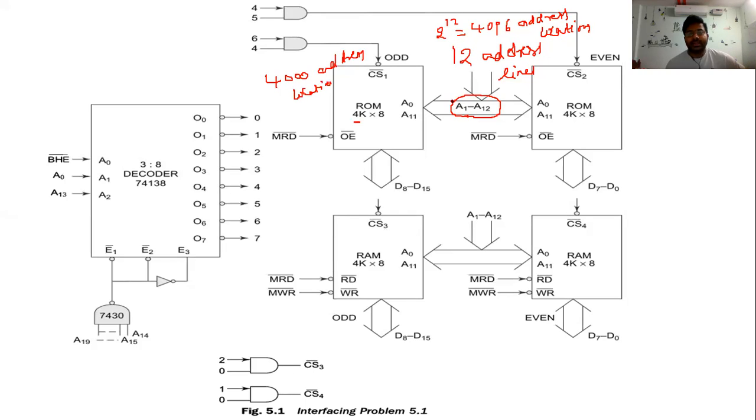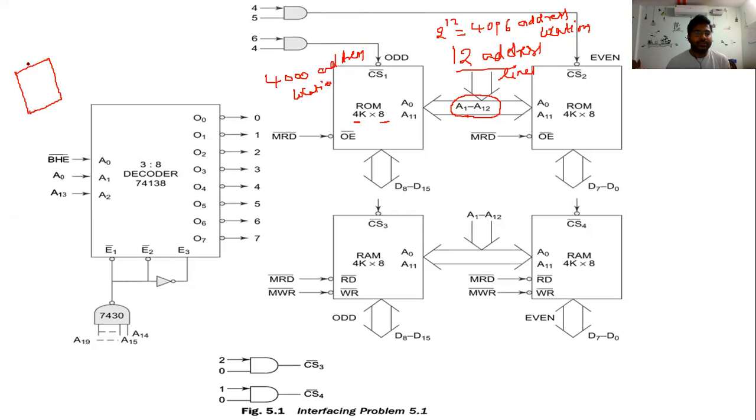So to match this number, we connected 12 address lines. 12 address lines are sufficient to connect the 4 KB chips because these are connected like this, in parallel.